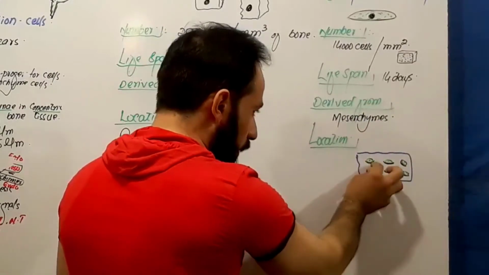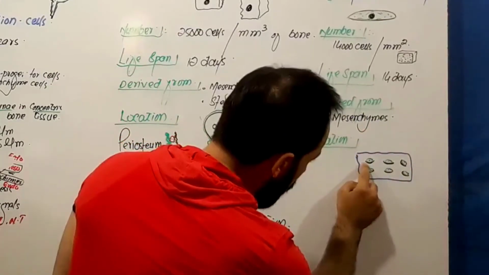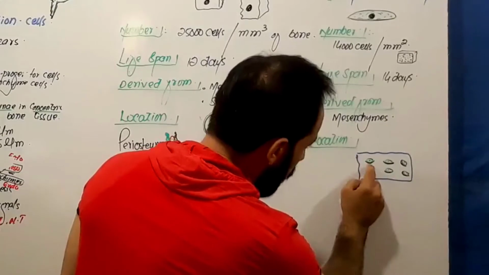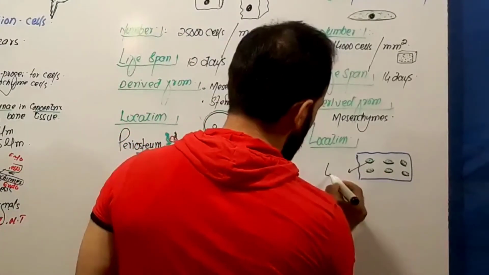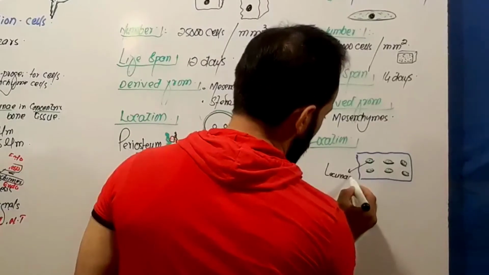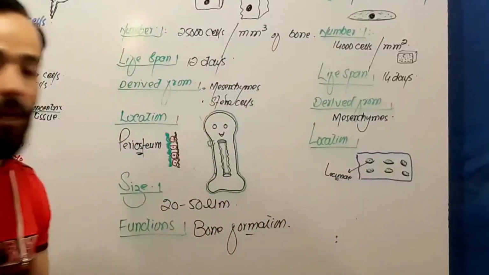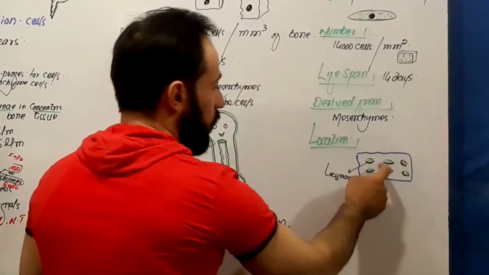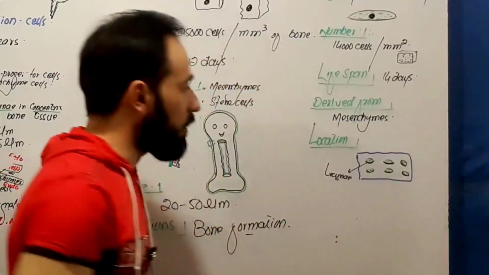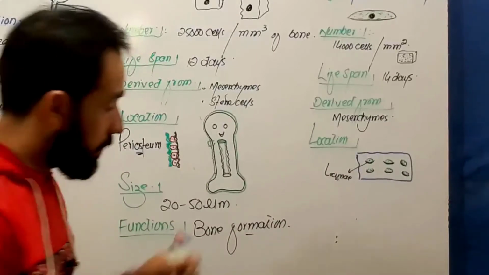Those chondrocytes have created a small pit for themselves, and that small pit is called the lacuna. So they are located in the small pits in the ground substance of the cartilage. Those pits are called the lacunae, right, friends.